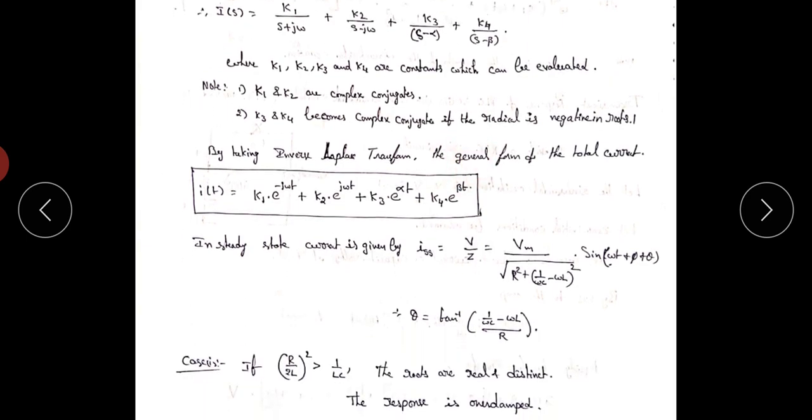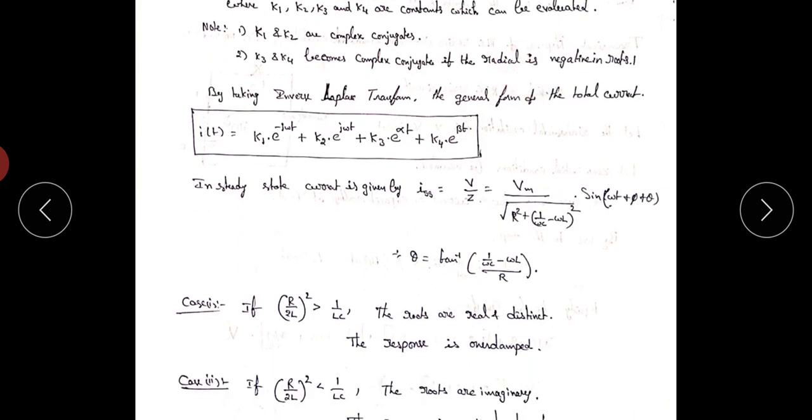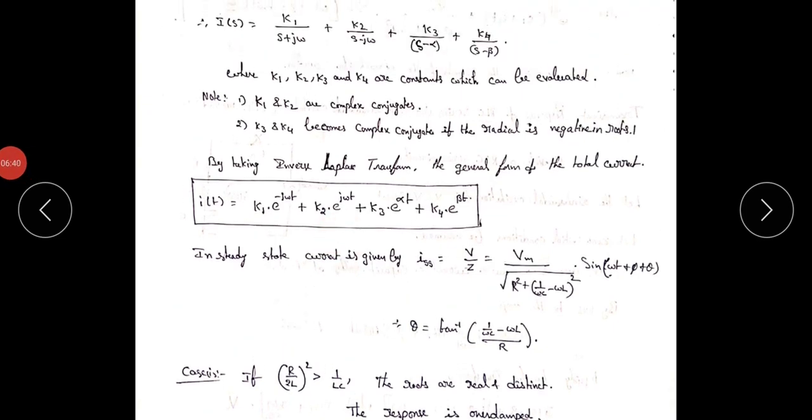In steady state condition, the steady state current equals Vm by root of R square plus (1 by omega C minus omega L) whole square, into sin(omega t plus pi plus theta), and theta equals tan inverse of (1 by omega C minus omega L) by R. Okay, in problems, by using the values of R, L, C, we can find these values k1, k2, k3, k4, and finally the I of t expression. Okay, like this.